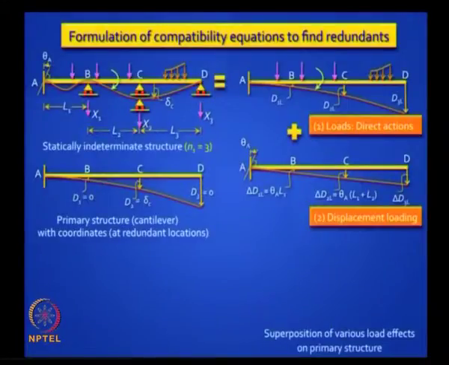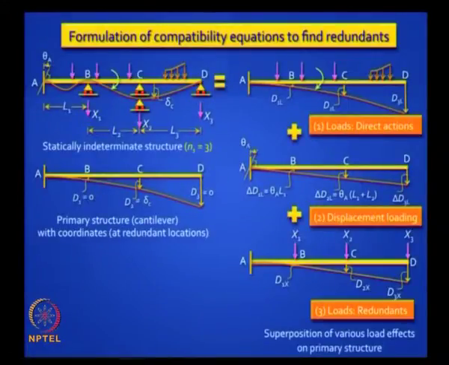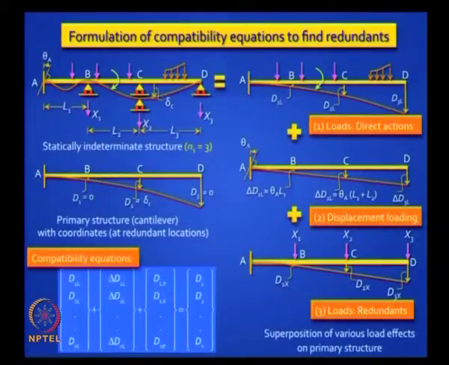Now you apply the redundants. Let's put them all together in the beginning. You apply x1, x2, x3, and let's say the deflections that you get at 1, 2, 3 are d1x, d2x and d3x, and now you are in a position to write the equations of compatibility. What would they look like? They will look like this. In general, you may have n locations, n displacements, n degree of static indeterminacy.